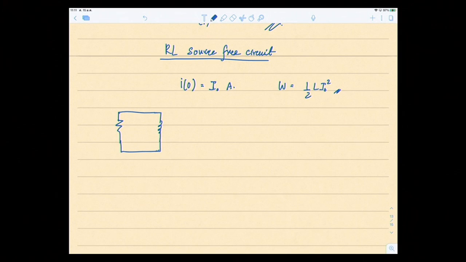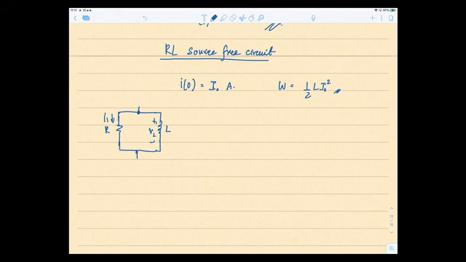I feel like showing you two ways of analyzing this. Let's say I'm doing this as if R and L are connected in parallel, like this. Since they're parallel, the V is the same, so let's call it VL.